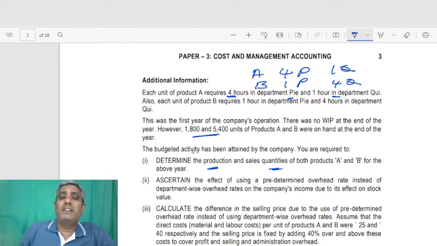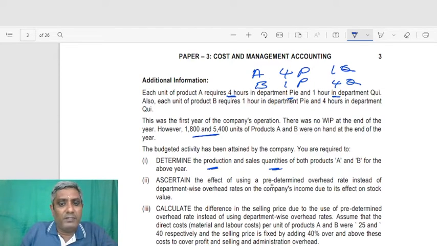If we have arrived at production, sales is easy. If we have arrived at sales, production is easy. Clear? Now, for producing one unit of A and B, they have given the number of hours to be used in each department. So from there, production is easily calculable, and then from there you can go to sales. See, while reading itself, these things should come to your mind, students. Great.